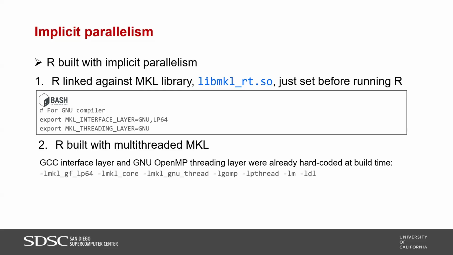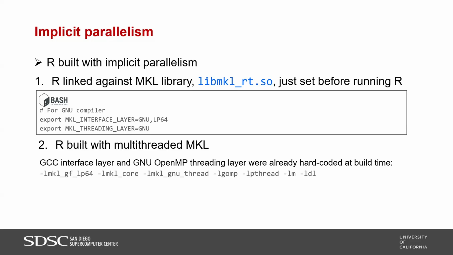So for the R we built introduced before, if it is linked against that MKL library, libmkl, then before running R, you just set the interface and threading layers to tell R which interface and which threading you are going to use. The threading specified here is for using the glue OpenMP.